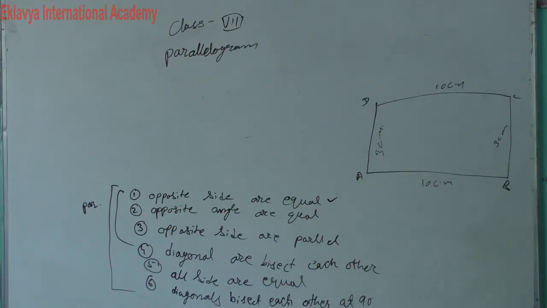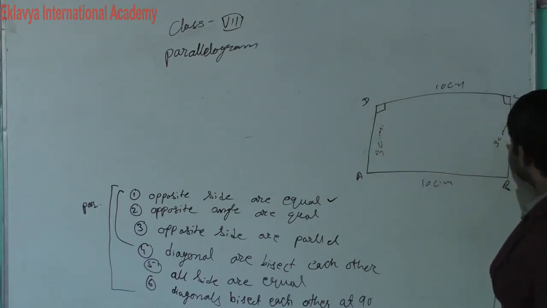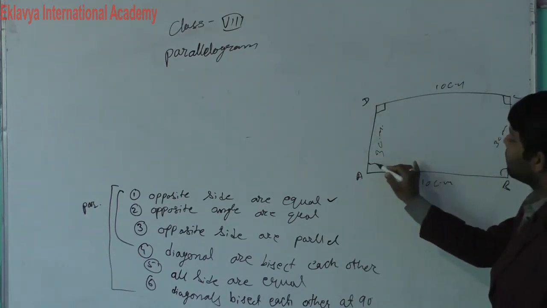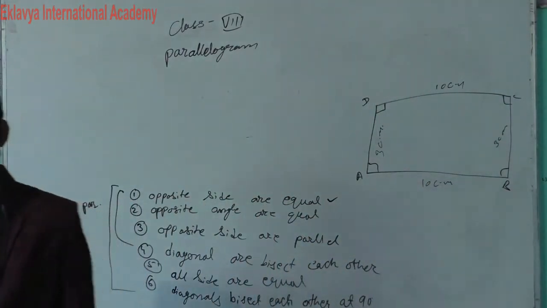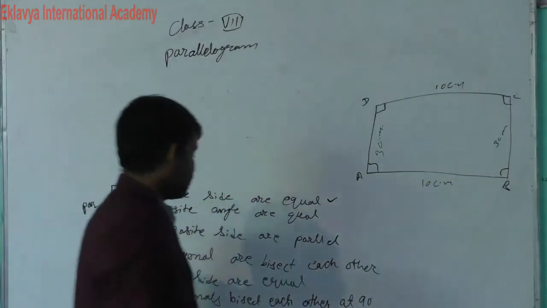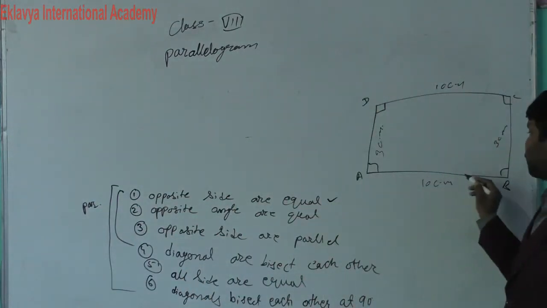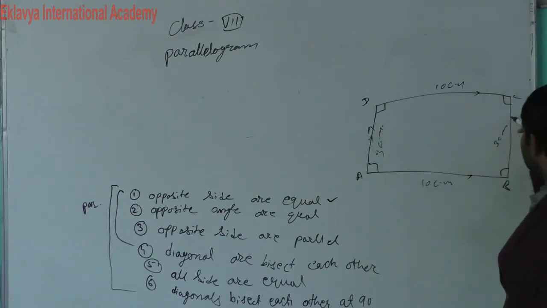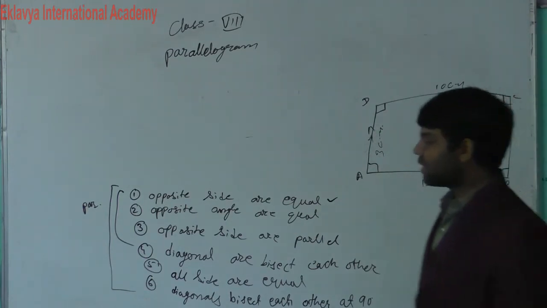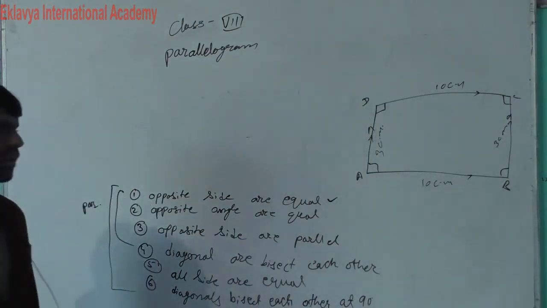Opposite angles are equal. Here we have all angles 90 degree. So we will say in the rectangle also opposite angles are equal. Opposite sides are parallel. So here the first, second, third and fourth property we can apply.